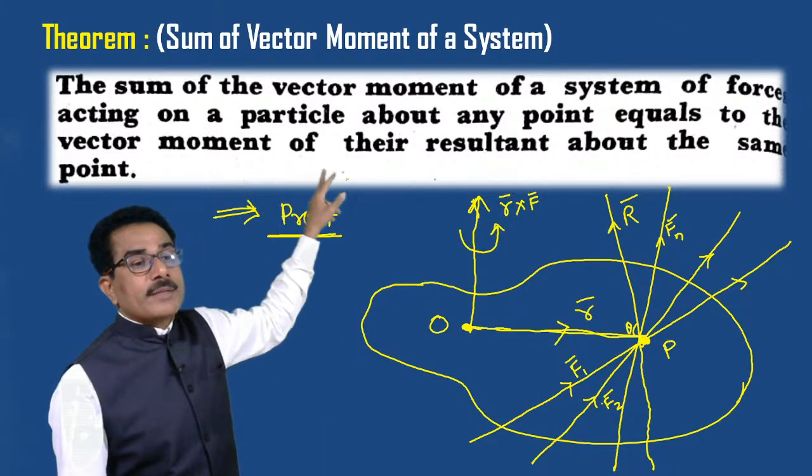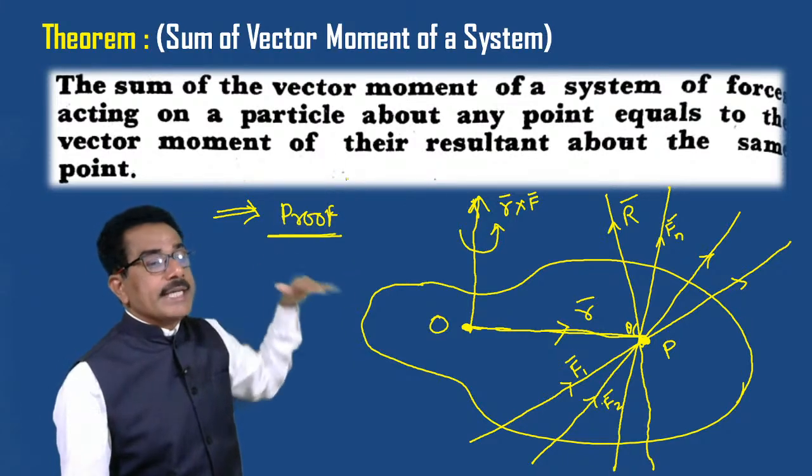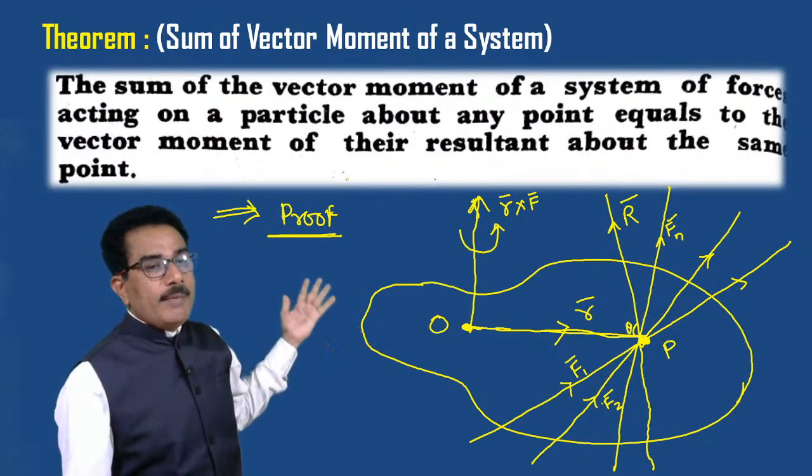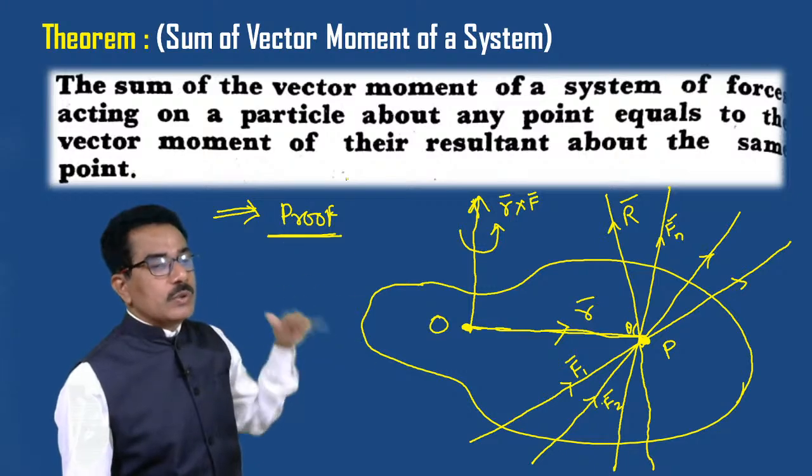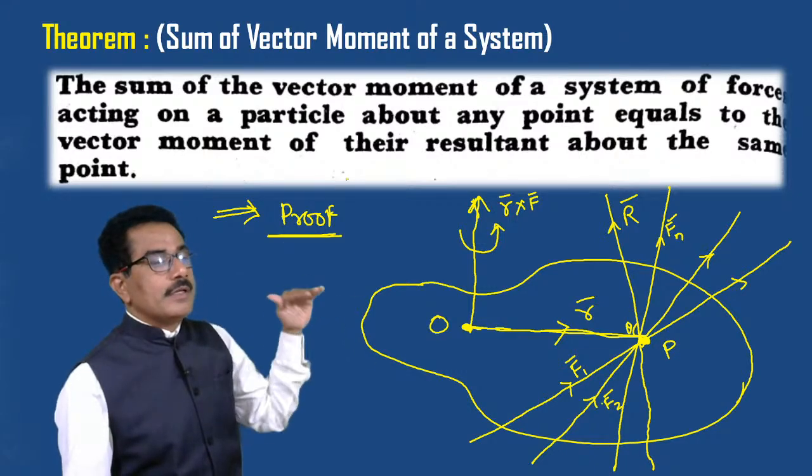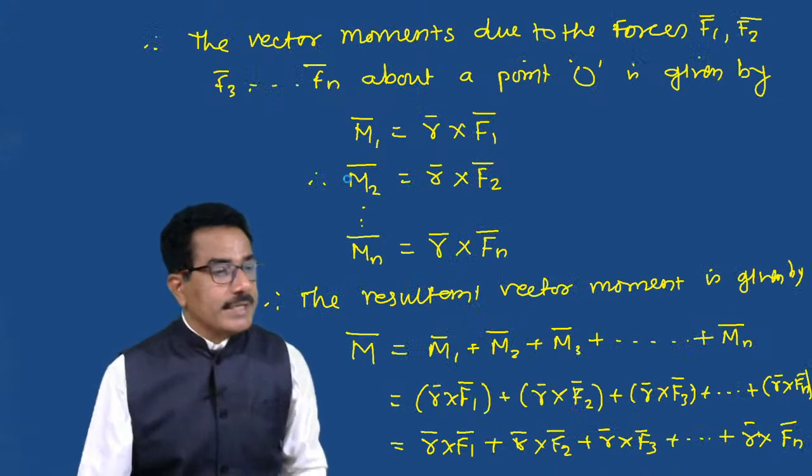The sum of the vector moments of a system of forces acting on a particle about a point is equal to the vector moment of their resultant.